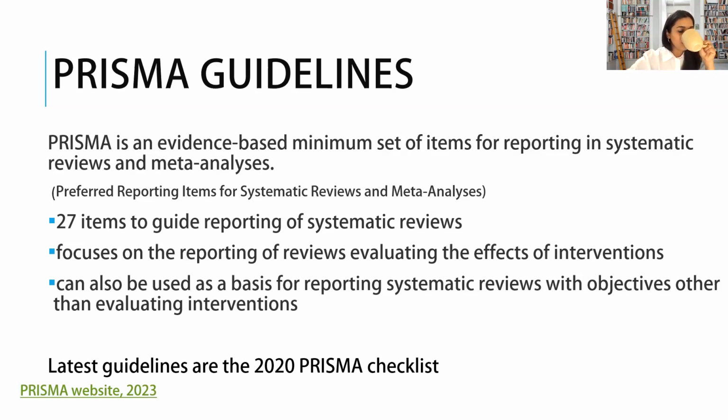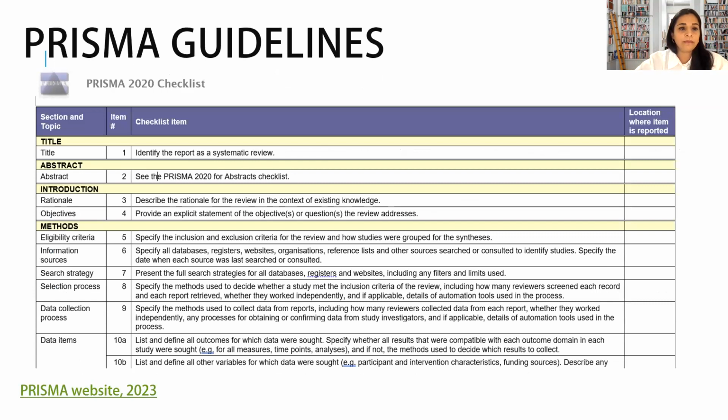Using that, we are able to follow the PRISMA guidelines. If you want to access the latest version of the guideline, you can do that from the PRISMA website. It's out there, and I'll be showing one of the PRISMA flow charts.